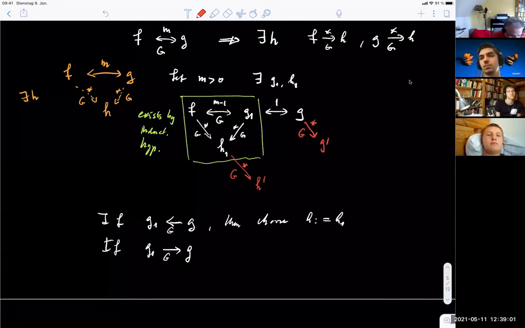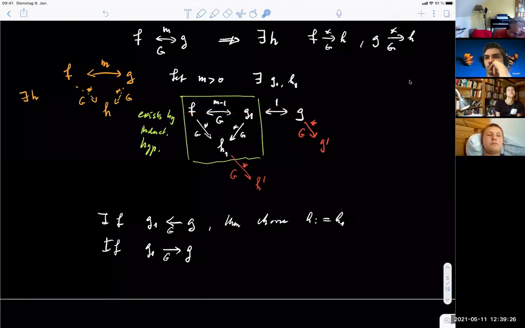So I go from F down to this normal form, or I go this way. But I remember this arrow from G1 to G goes in this direction, so I go this way and then I go down.